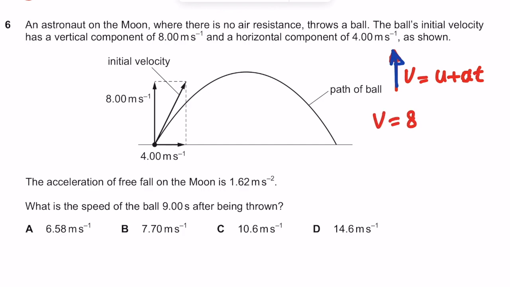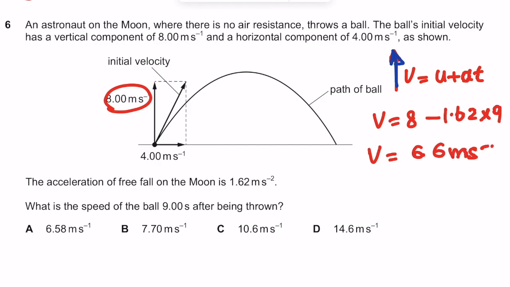You don't have to resolve because vertical speed is already given. And acceleration is minus 1.62 because acceleration is downward, times 9. You get 6.58, or let's call it 6.6 meters per second, and it's a minus value. It means actually it is downward.